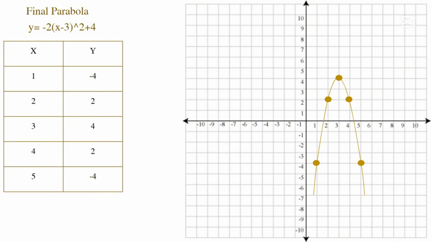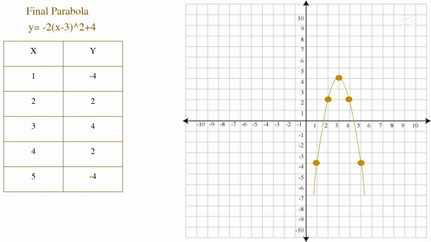So this is the final parabola after going from the parent parabola to this using this equation. And we will also be going over the main features. So first, you have the direction of opening of your parabola, which mine is opening downwards.